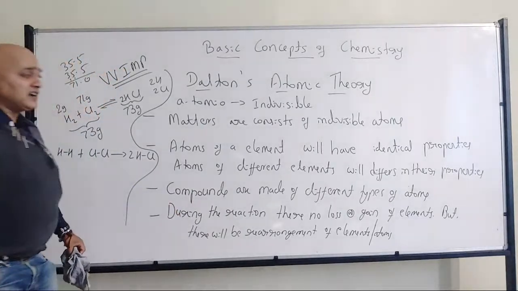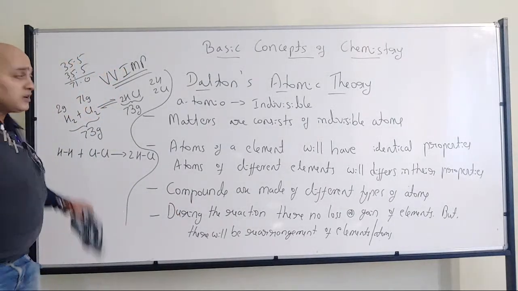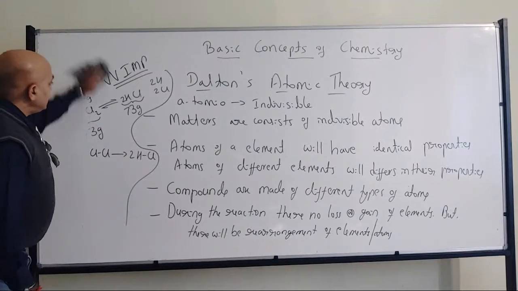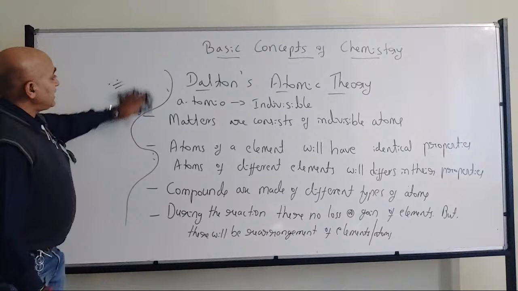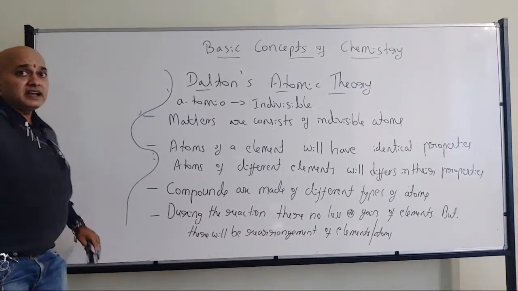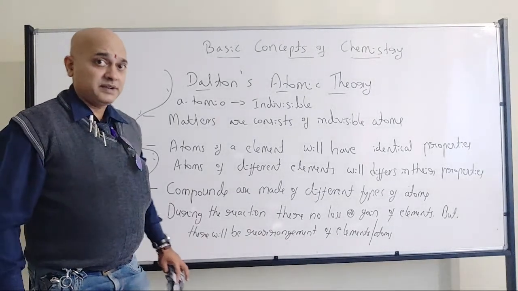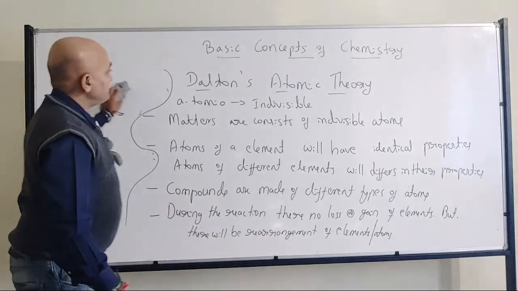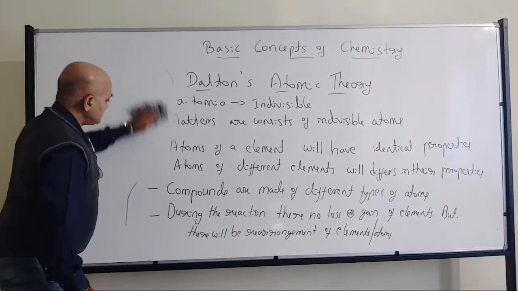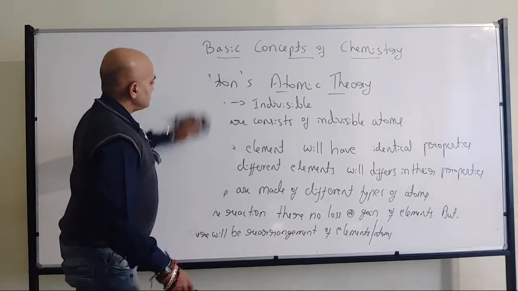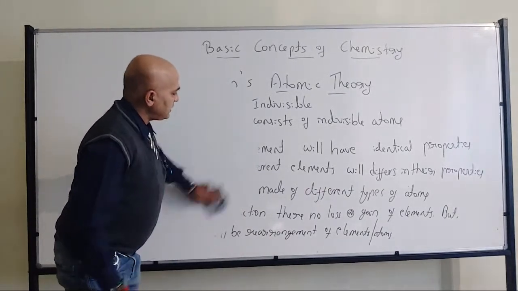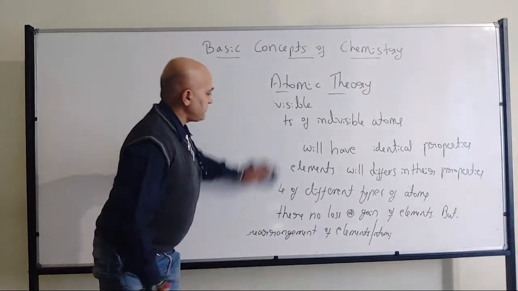And during the reaction, there is no loss or gain of any element or atom, but there will be rearrangement of the atoms or elements. Fine? So that's Dalton's atomic theory. All these are very important from the board exam point of view.